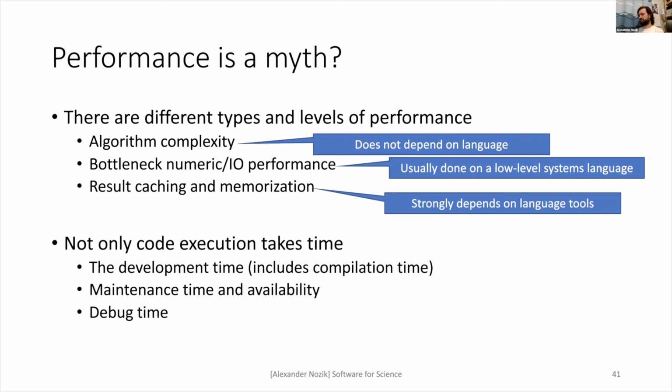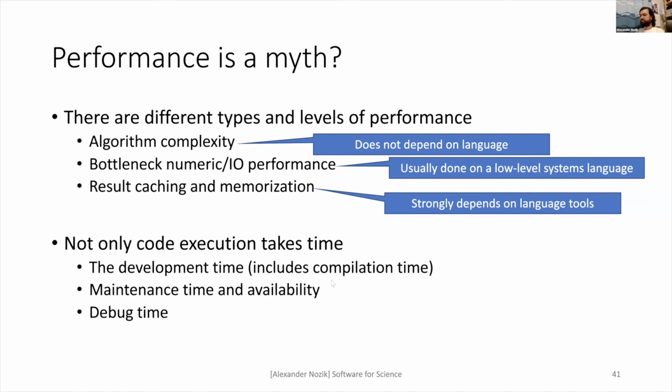And there are a lot of ways to make slow code in systems languages like C, C++, or even Go. And you need to understand that not only code execution takes time, the development time includes compilation time. For example, for C++ or Scala, it is important.